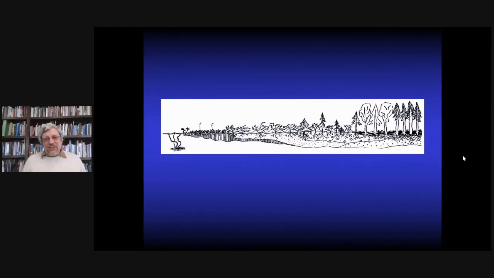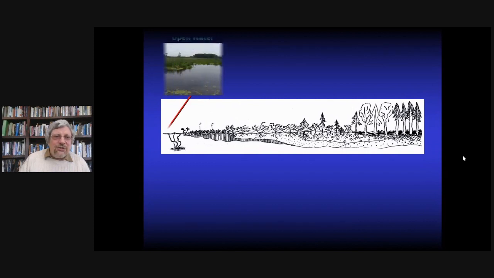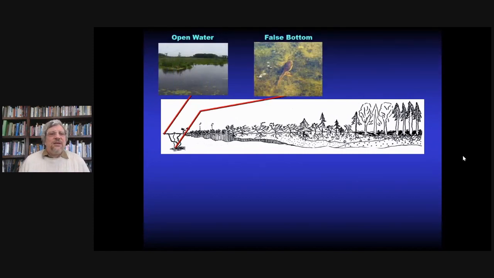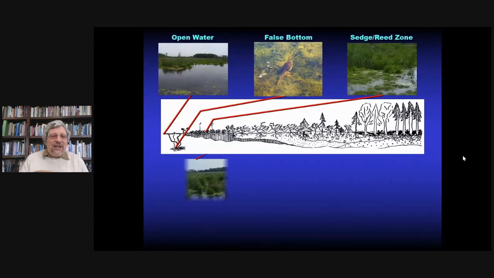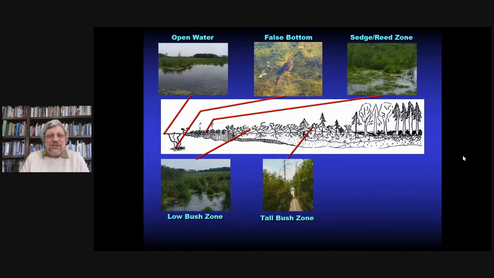Here's a diagram of a typical quaking bog. It starts on the far left with actually algae and special types of plants that live just underneath the surface, and in fact create a false bottom. It's really interesting.